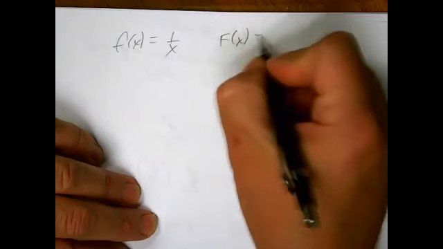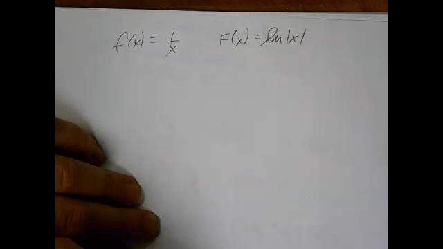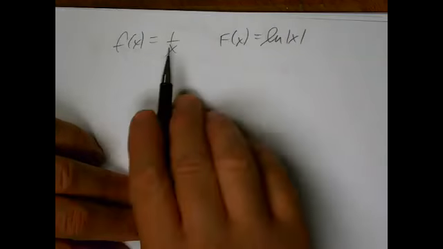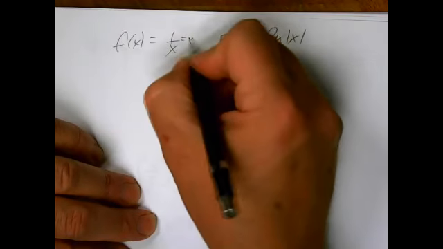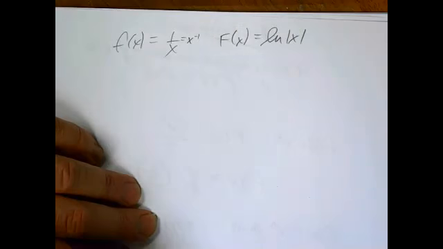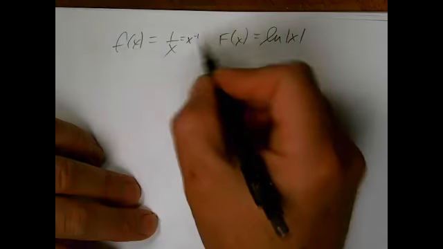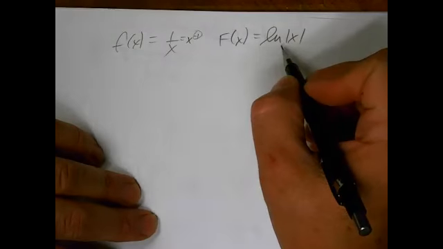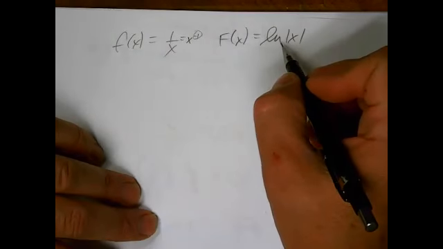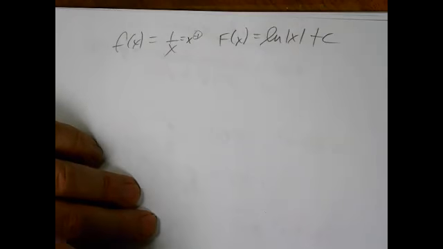You realize that that's just natural log of absolute value of x. All right, which is why I said the rule that I showed you does not apply when the power is -1, because that's x to the -1 power, and that's a logarithm. So natural log absolute value of x is an antiderivative. The most general has a plus c on it.